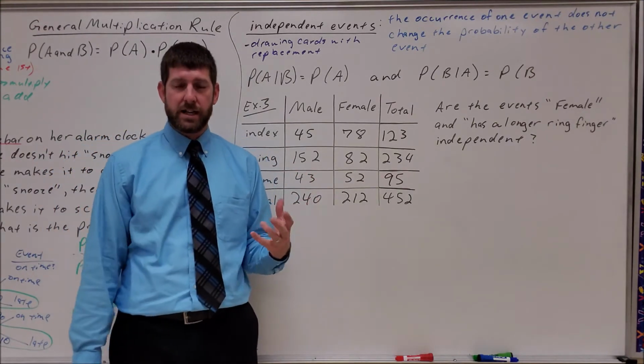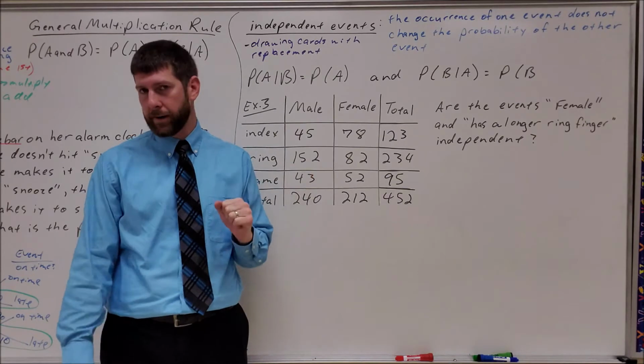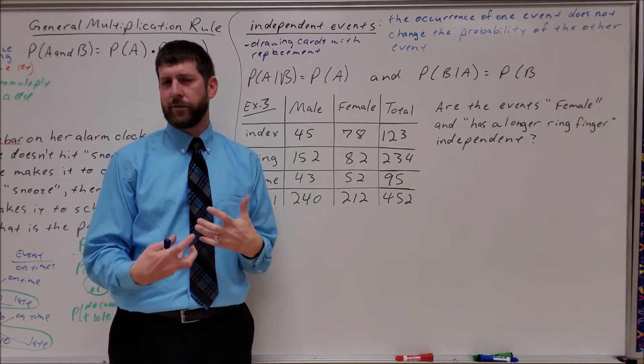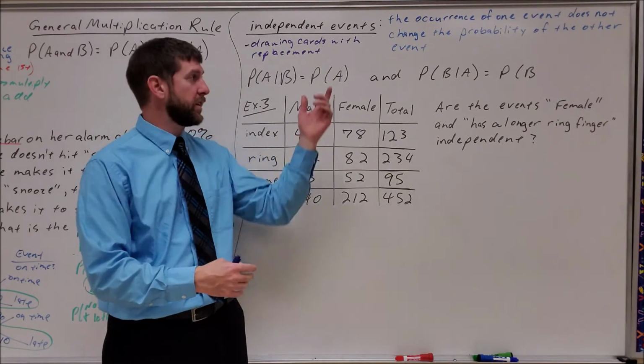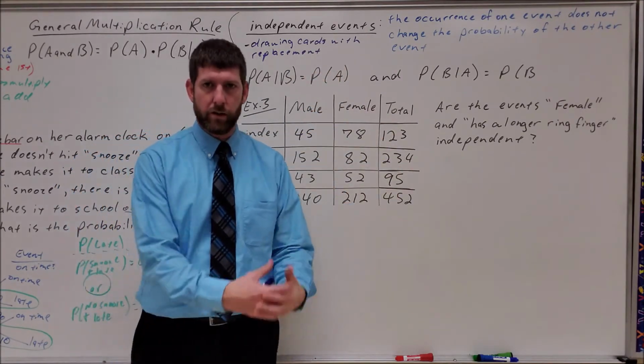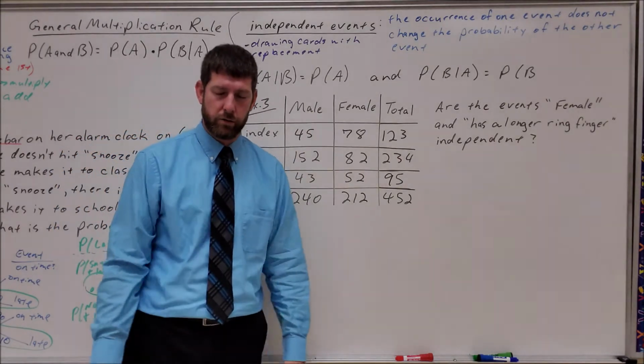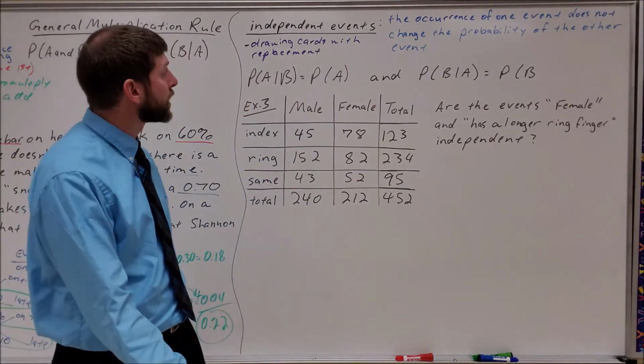Independent event says I'm drawing two cards, but I put back the first card before I draw the second card. So that's kind of the difference between the two. Looking for one event, whatever you draw the first time doesn't affect the second event, whatever you draw the second time. That's different than saying, does this fit multiple characteristics or multiple subgroups?